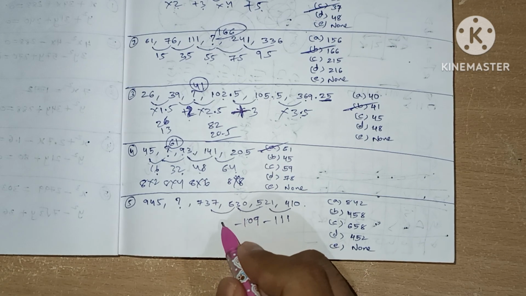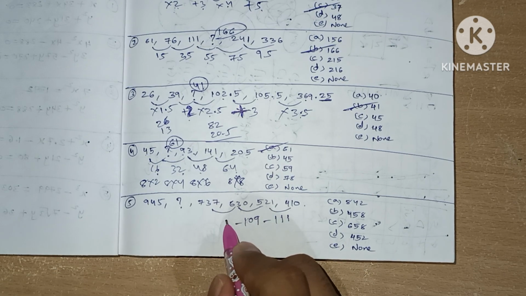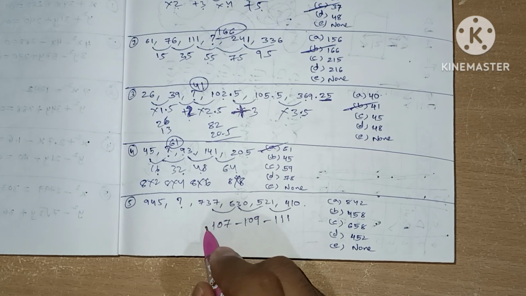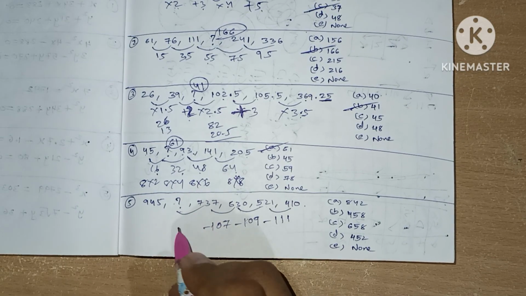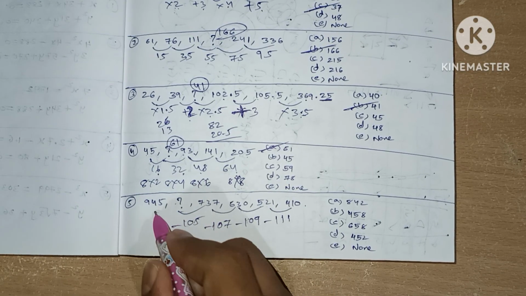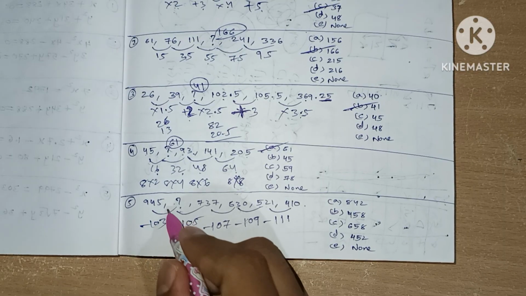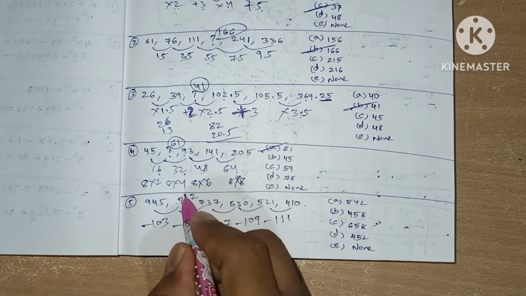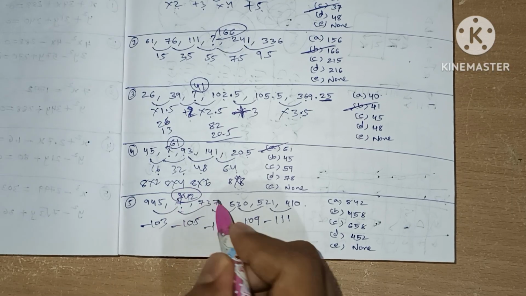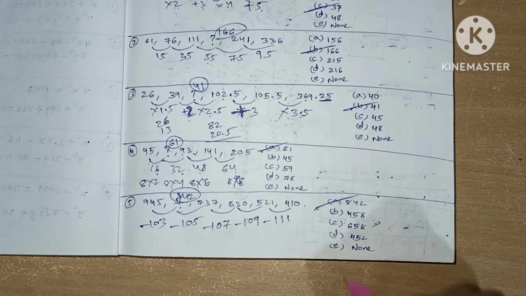Here we see a difference of 701, so minus 107. So here it must be the difference of minus 105. Here the difference of minus 103. 945 minus 103 will be 24. This will be 842. 842 is our answer, option A.